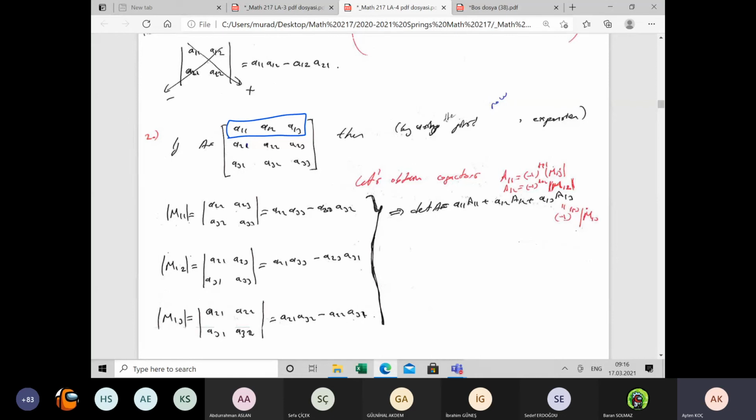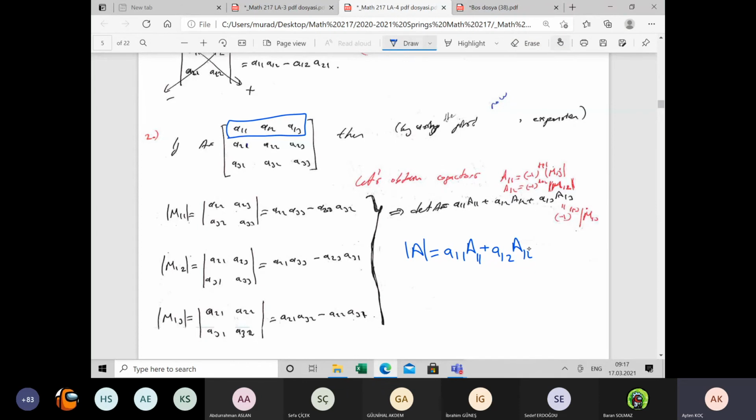So determinant of A means write all the entries, A sub 1,1, A sub 1,2, A sub 1,3, and multiply by the corresponding cofactor.